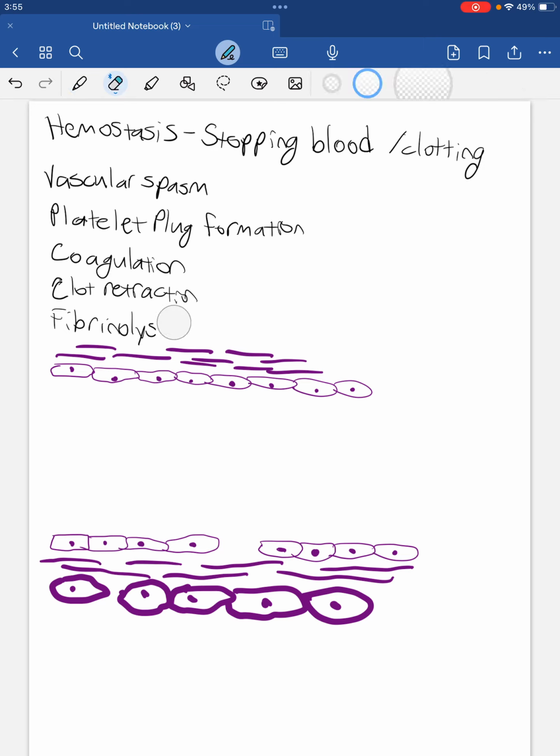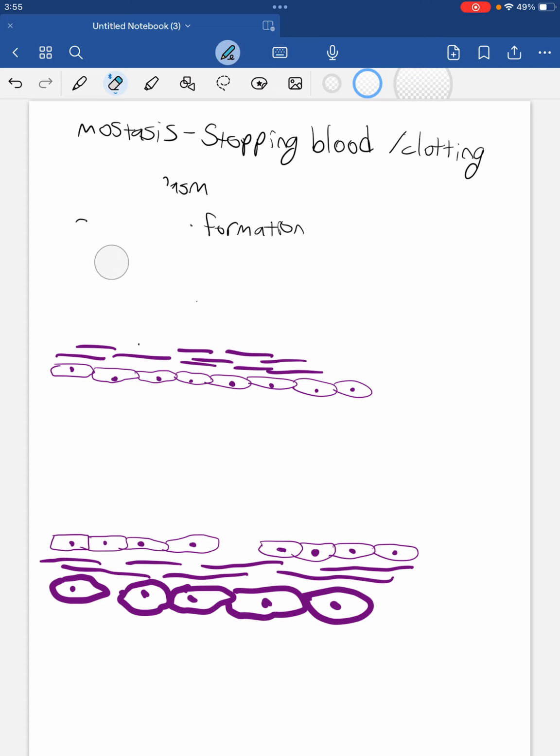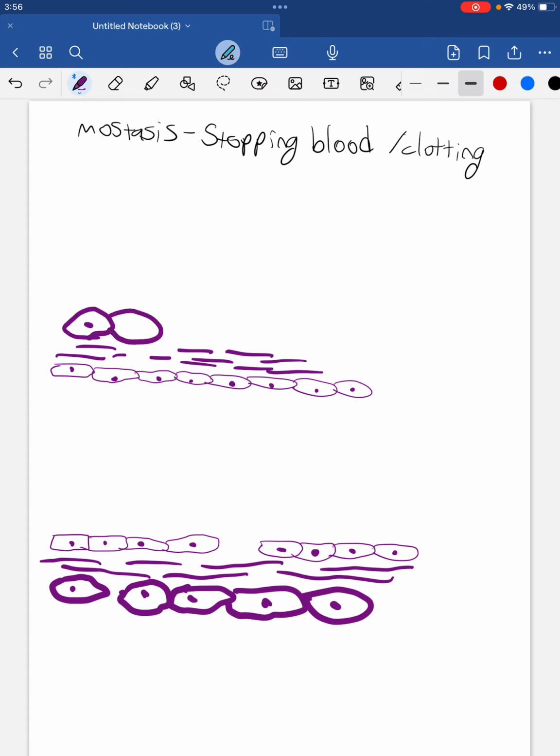Let me erase this stuff up here so we have more room for this. So here we have our smooth muscle. Okay. All right, so here's our blood vessel that is damaged.